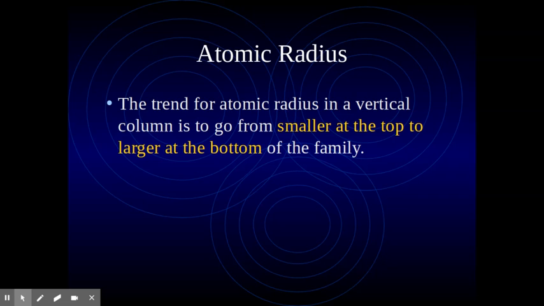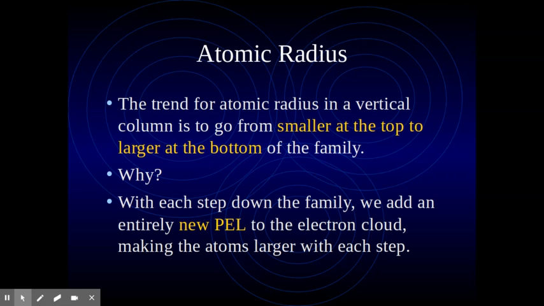So what's the trend? Well, the trend for the radius in the vertical column is to go down. So they're smaller at the top, larger at the bottom, which should make sense to you if you think about the Bohr model. Each step you go down in the family, you're adding a new potential energy level, or primary energy level, to the electron cloud, which is going to make it bigger, right?